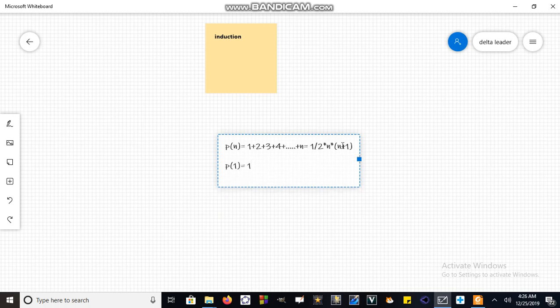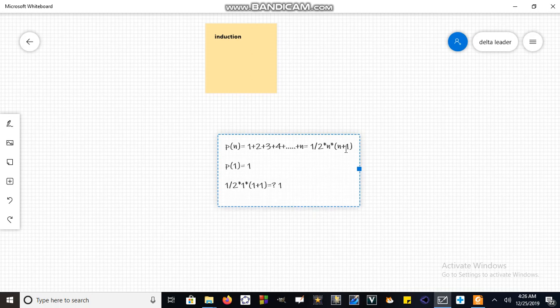So let's check for P of 1. The formula will be a half multiplied by 1 times 1 plus 1. So the question is, is it equal to 1, to P of 1?